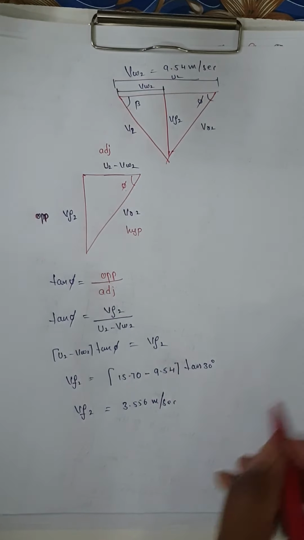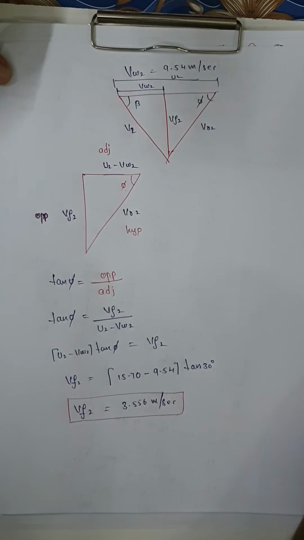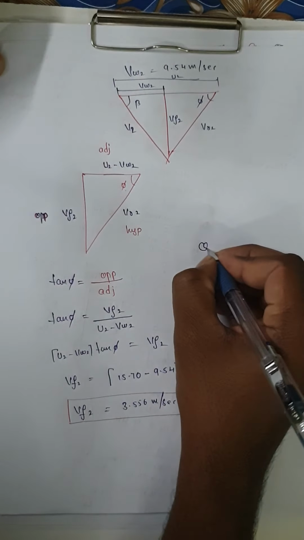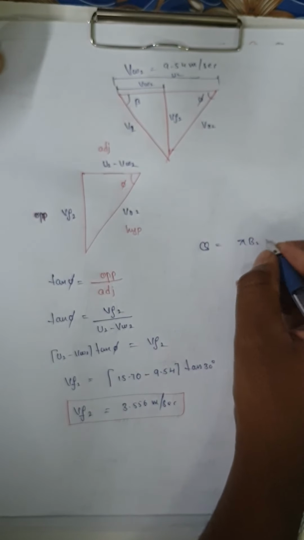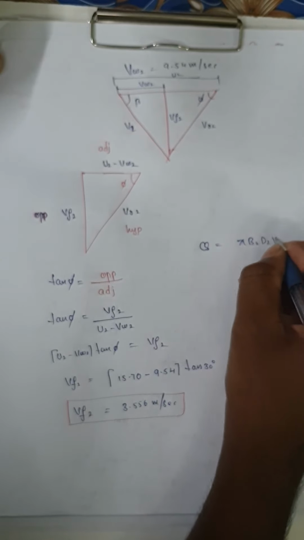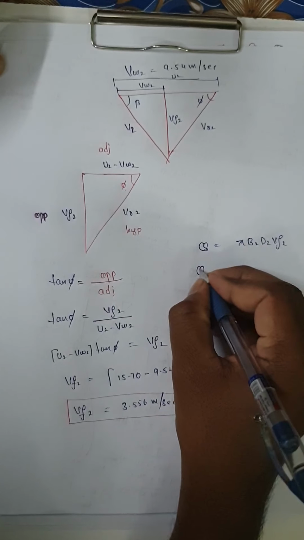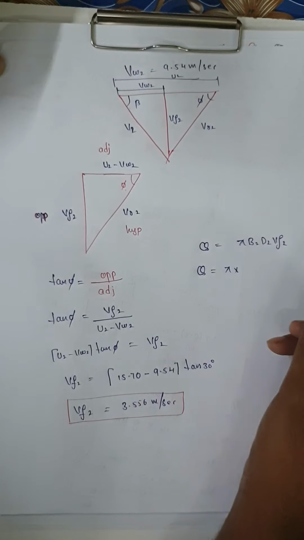This is the value for Vf2, but he is asking to find the discharge. Discharge is equal to pi D2 b2 Vf2. Discharge is equal to pi, and b2 value is given in your question.